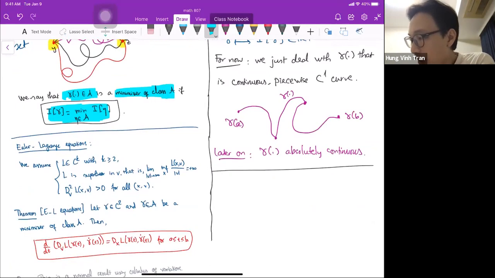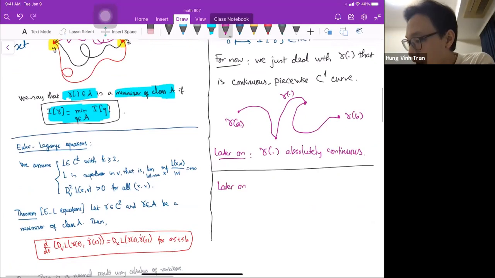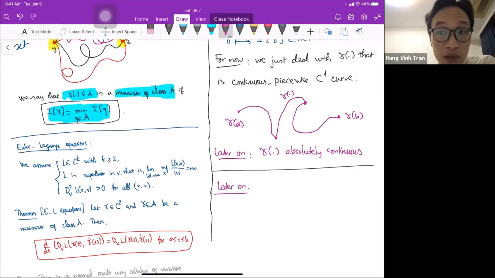So also later on, we're going to deal with general curves gamma that are absolutely continuous, but also curves that are not just from a fixed interval AB. That's not enough.